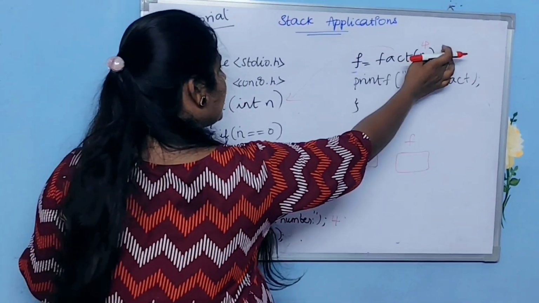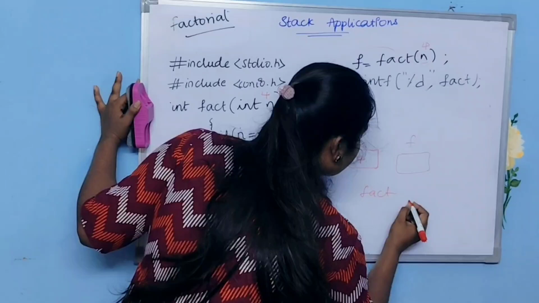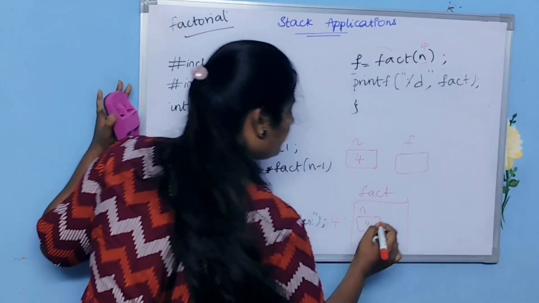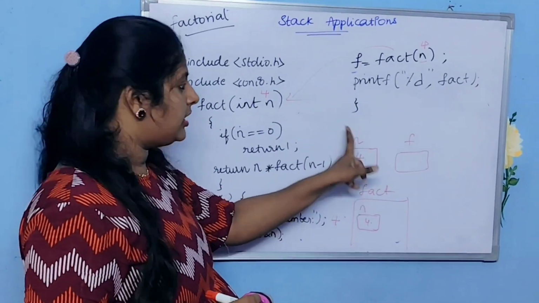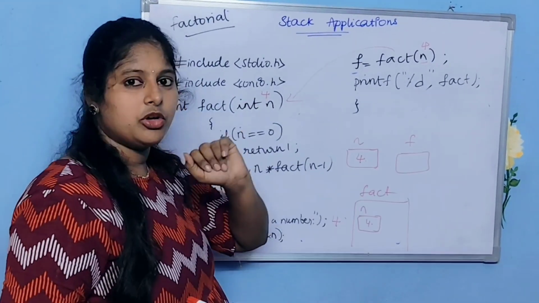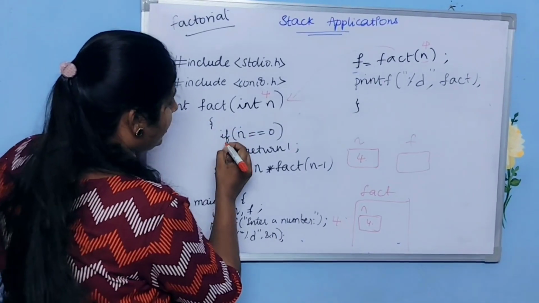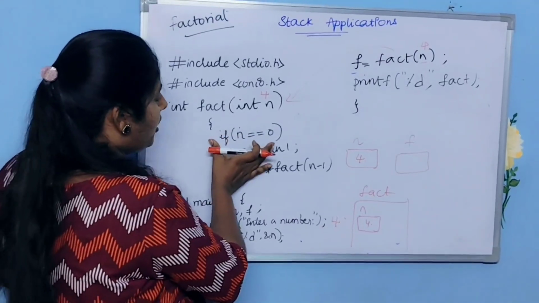Now I'll send this parameter here. So there is a function called fact and the n value in fact is 4 right now. In the main function you have one n variable. In the fact function you also have one more variable called n with the same name. Now you have to check the condition.